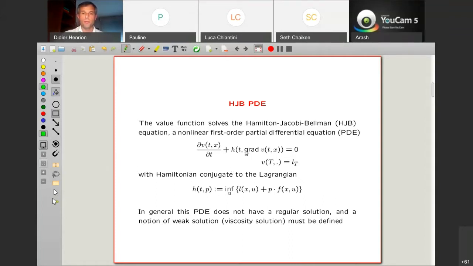So even the notion of gradient here is not well defined. Typically, it's not differentiable. So one has to give a meaning to this notation. And this is the notion of viscosity solution, a notion of weak solution that must be defined. So it is not the purpose of this lecture, but I just want to illustrate the potential difficulties and the lack of regularity of the value function via a couple of examples.